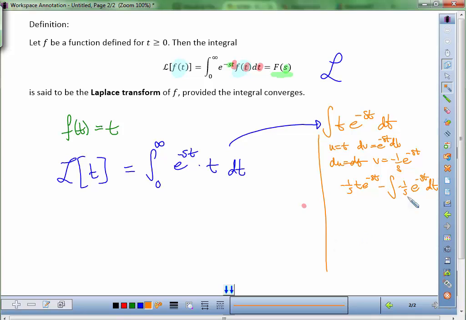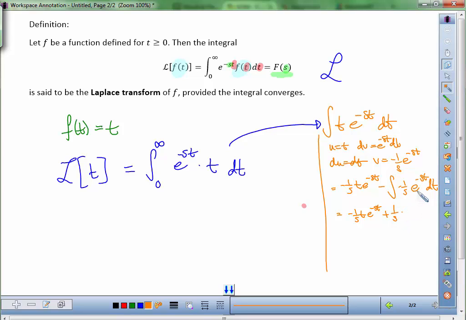Getting some Calc 2 flashbacks here. So we could just figure this out and then put the limits in. Minus 1 over s t e to the negative st, minus, let's call that plus 1 over s.